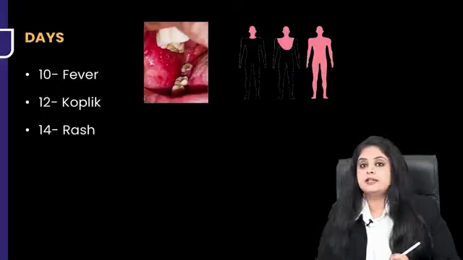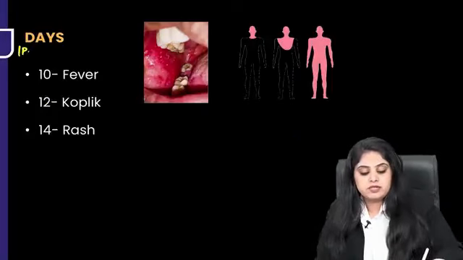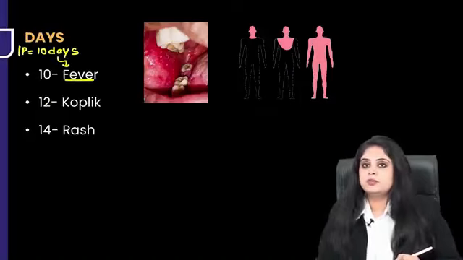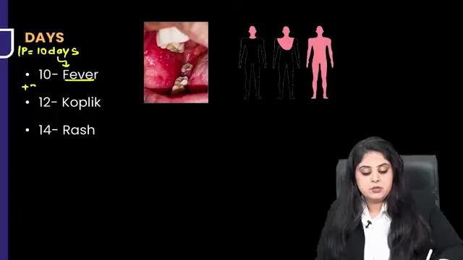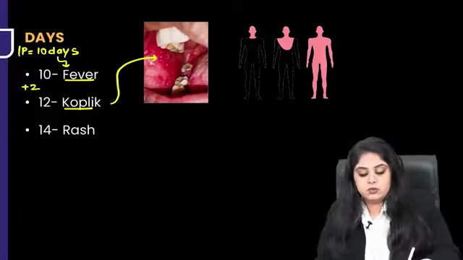But what after that? Look, what was the incubation period? 10 days. So after 10 days, what is the first thing that the patient is going to have? Fever. Two days later, the patient has spots on the buccal mucosa near the molars, known as Koplik spots.